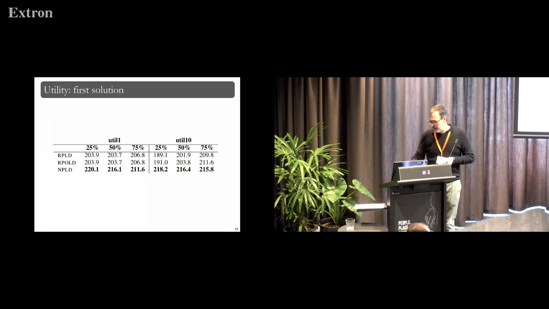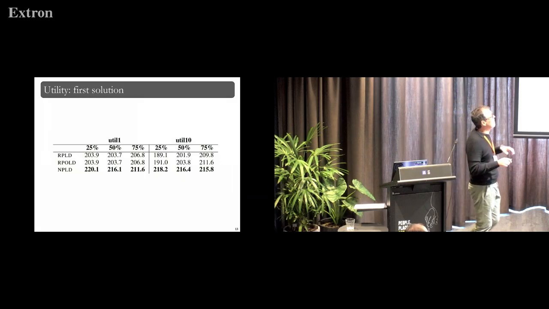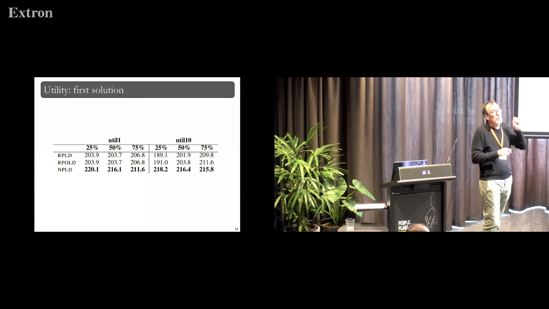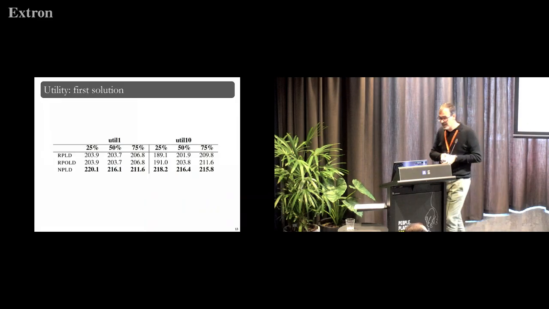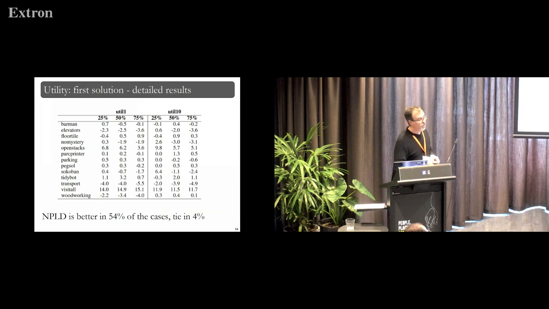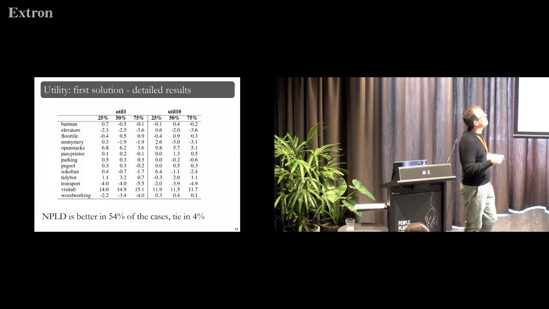We also wanted to know whether these good results are due to maybe one single domain, or whether they span across all the domains that we are considering. In this table, we have a comparison between MPLD and ERPOL, between the complete approach and just doing the lazy evaluations. A positive number means that the score of our approach is better than the other score.